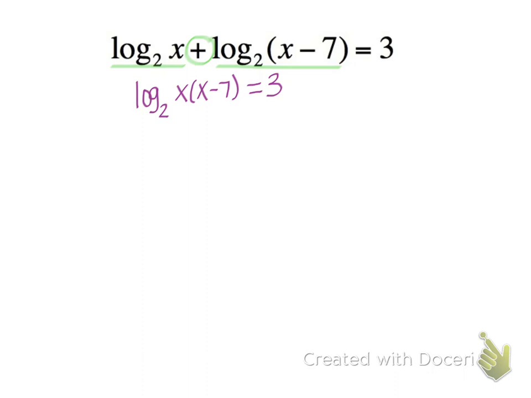Now we'll go ahead and do that log loop. So we'll say 2 to the third equals x times x minus 7. And I'm going to go ahead and distribute and say x squared minus 7x. Two to the third is 8.